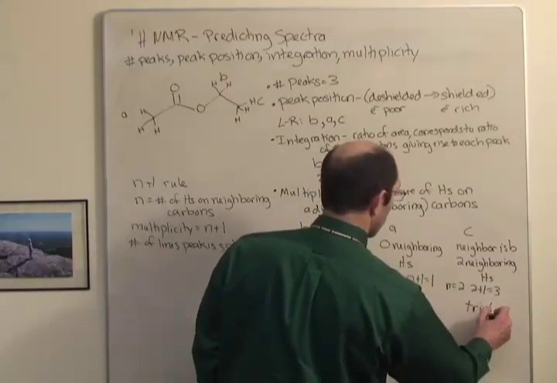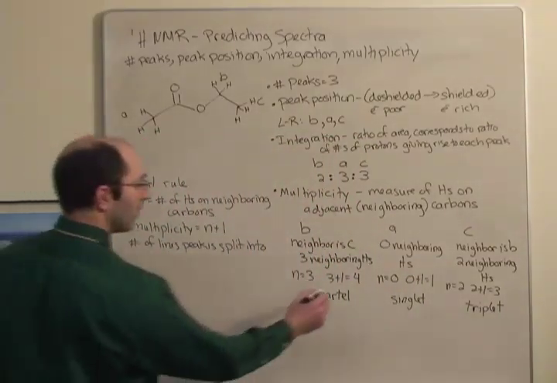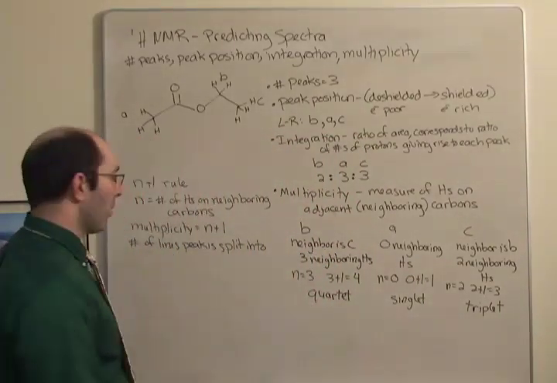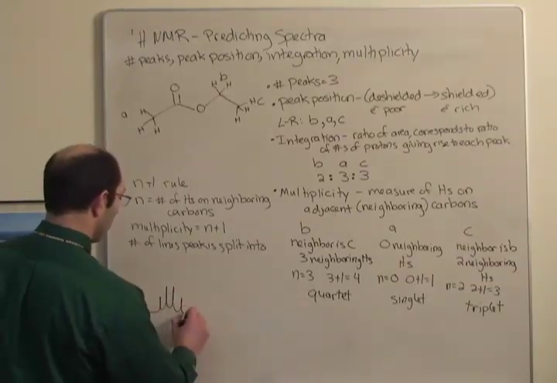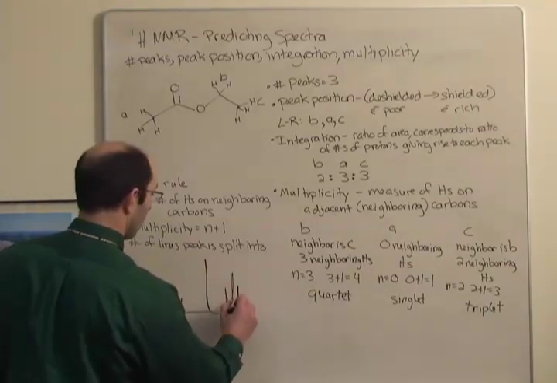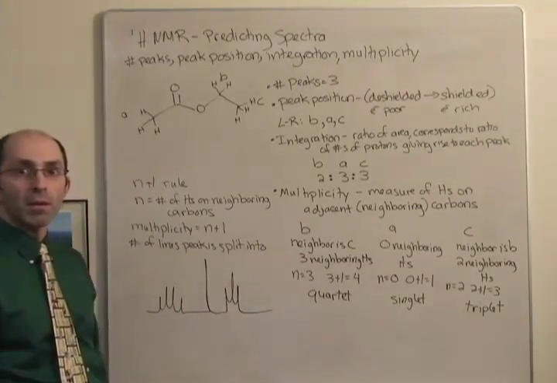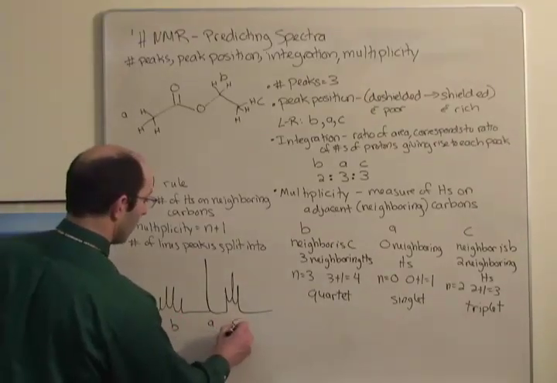This peak is a triplet. Right, so what will this spectrum look like when you run it? When you run it on the NMR, you'll see a quartet, a singlet, and then a triplet.